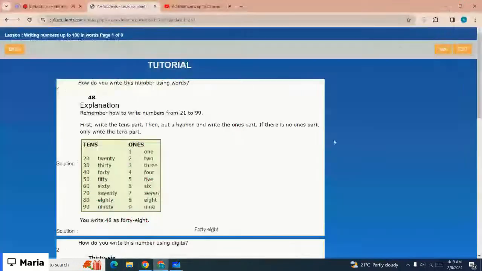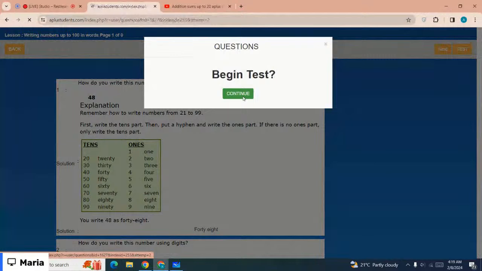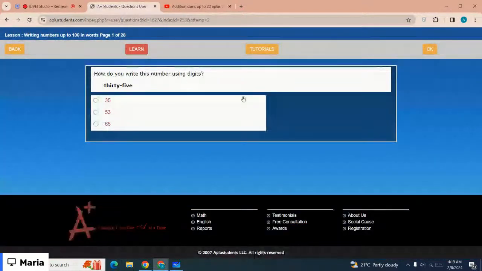Let's just start with the test questions. Read or write. Got it? How do you write the number using digits? The number is 35. So, which is the correct option?